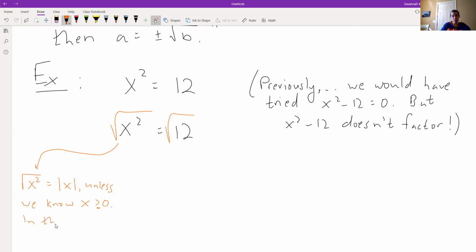If they have been, then we're free to say that the square root of x squared is just x.